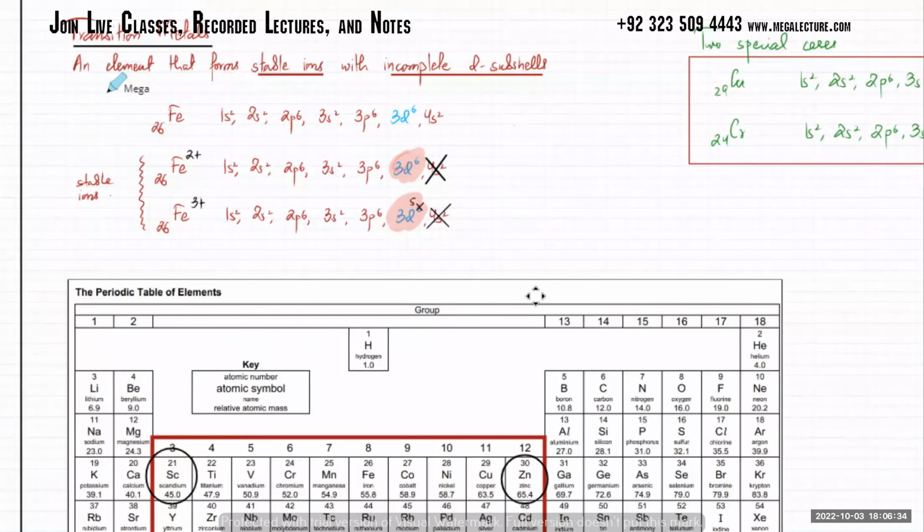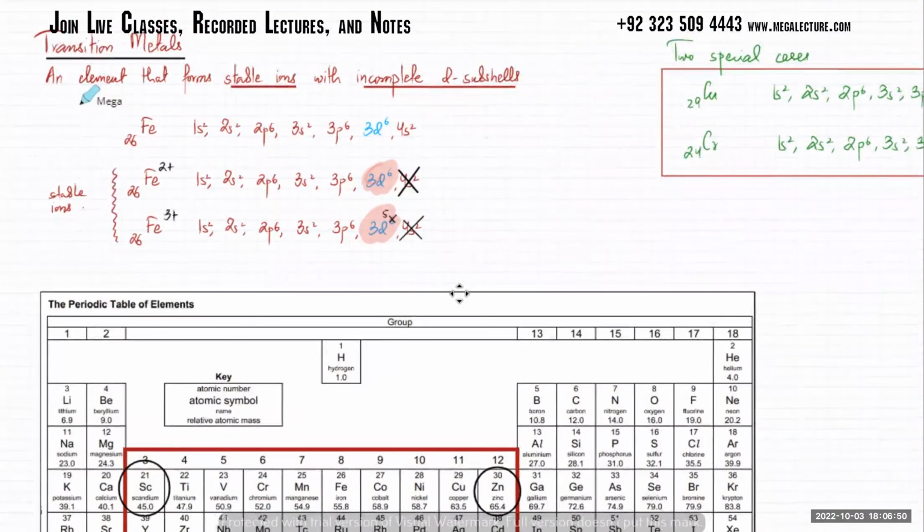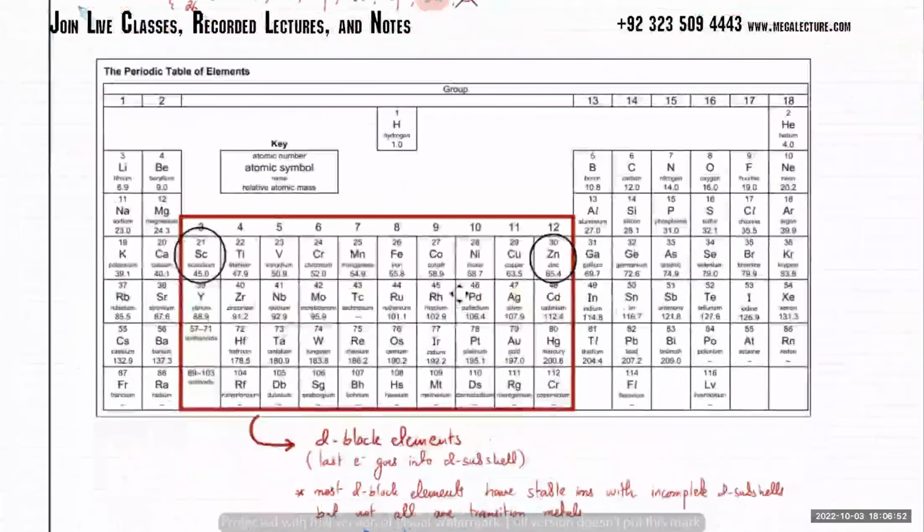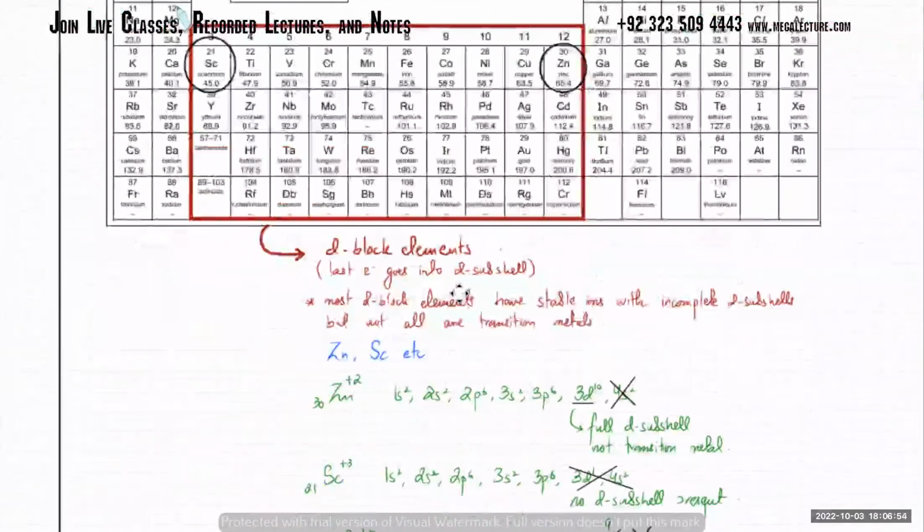So what we had talked about was that transition metals, quickly, were basically any element that could form a stable ion, and it is going to have incomplete d subshells. That's what a transition metal is. And remember, the block over here is the D block. These are D block elements.